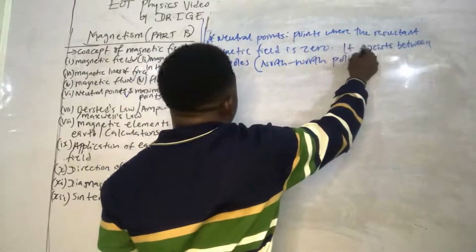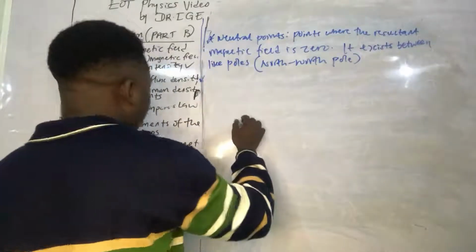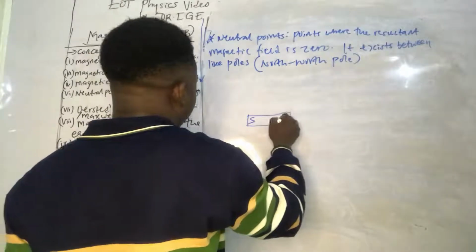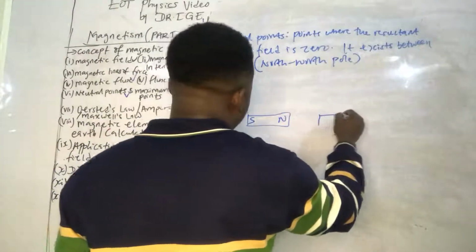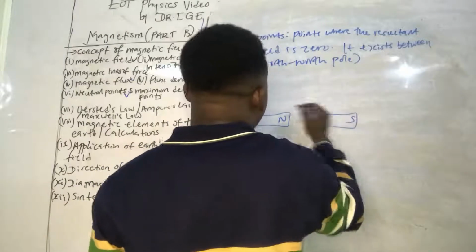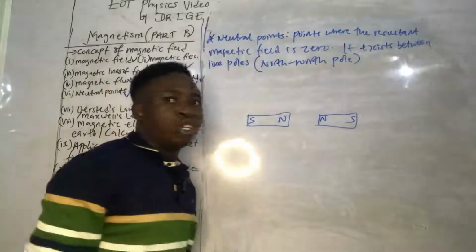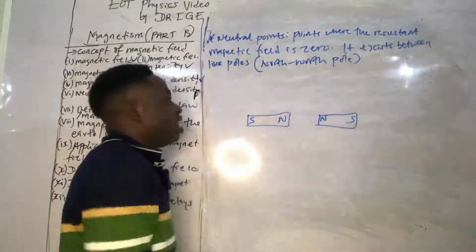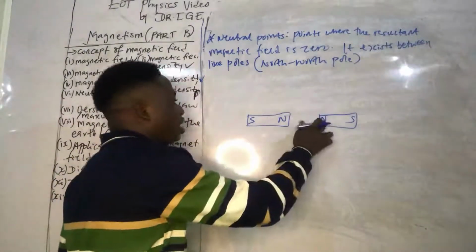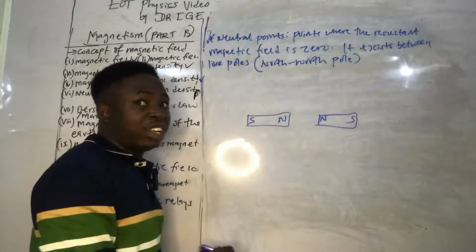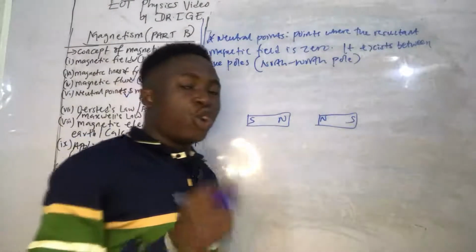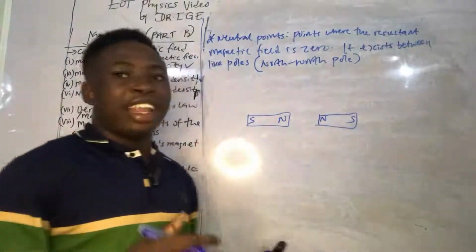Okay, let me show you something. Let's say we bring two magnets together. Like poles mean the same poles facing each other at the edges. If we have south here and north here, those are not like poles. Remember the basic law of magnetism: unlike poles attract while like poles repel.